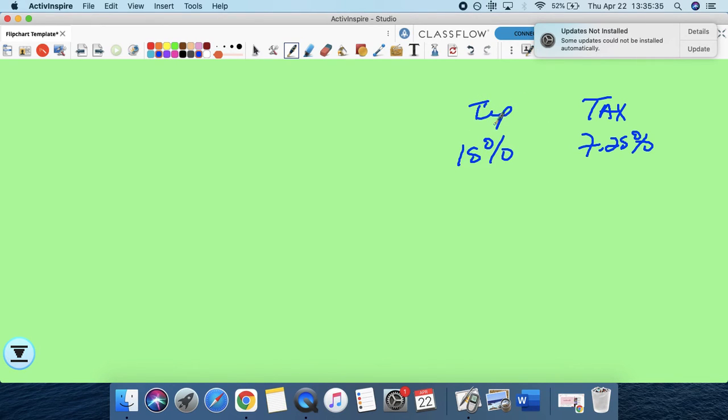So vamos a calcular el total de la comida. Let's figure out the food. So comieron 6.25, 7.50 for Miss G. Dos niños, cada uno comieron una pizza, so $4.99 por un niño, $4.99 por la otra pizza. Let's add this up.